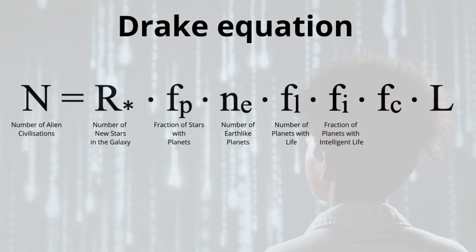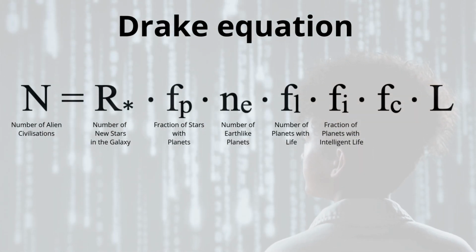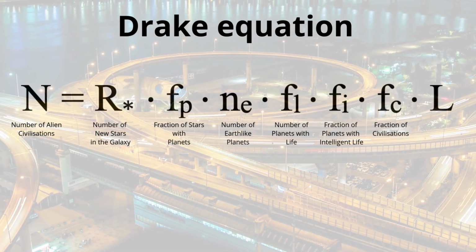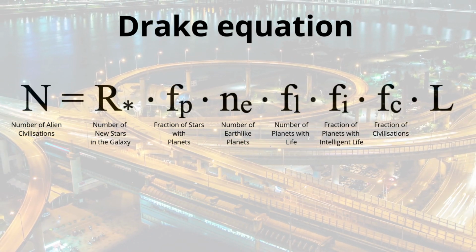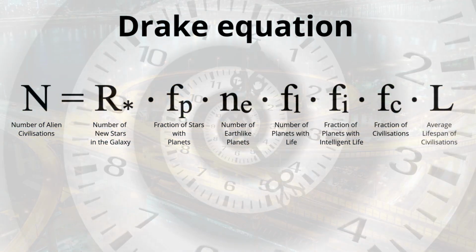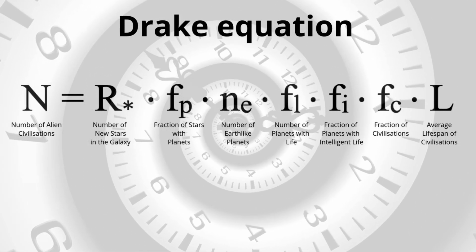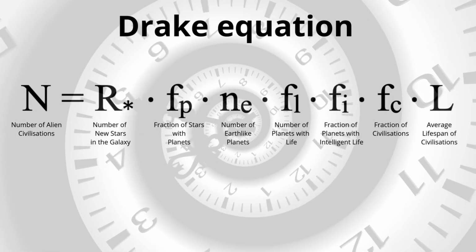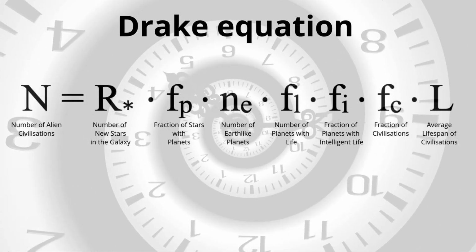FV indicates the fraction of planets with life where intelligent life develops. FC denotes the fraction of intelligent life forms that go on to develop complex communicative civilizations. Finally, L estimates the average lifespan of a technological civilization capable of communication.